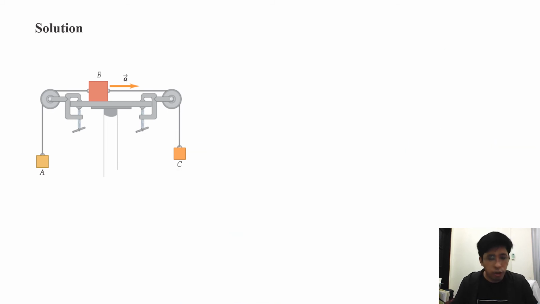So to solve for mass C, we can use your third free body diagram. So we have already drawn this one earlier. So above you have your tension BC, and then below you have your weight of C, and it accelerates downwards.